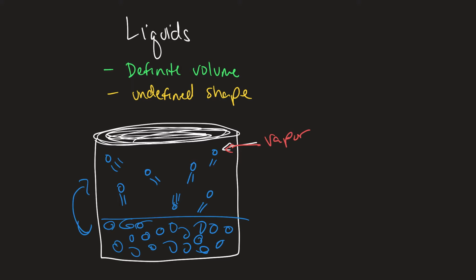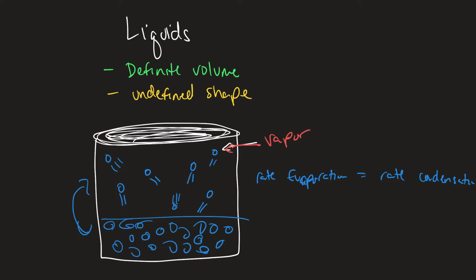And so the rate of evaporation equals the rate of condensation, and the concentration of vapor in a container remains constant. That kind of makes sense.